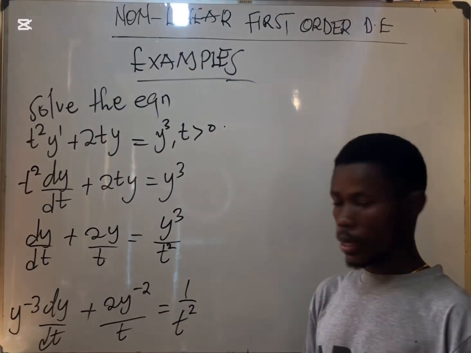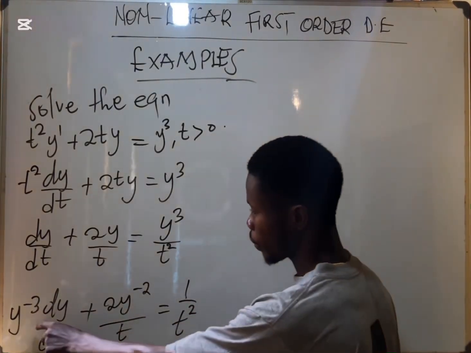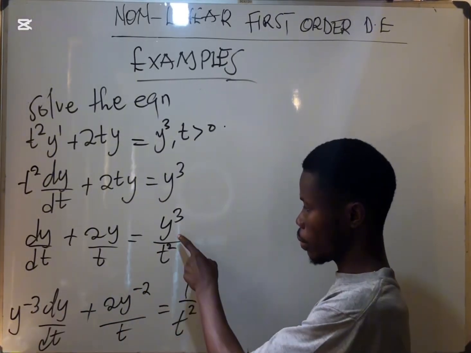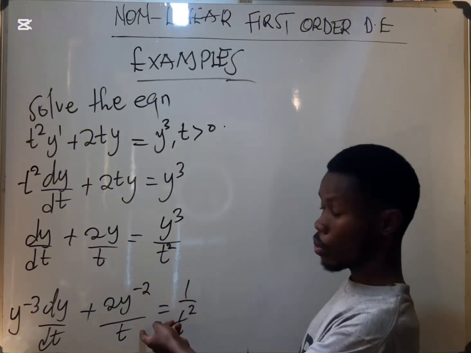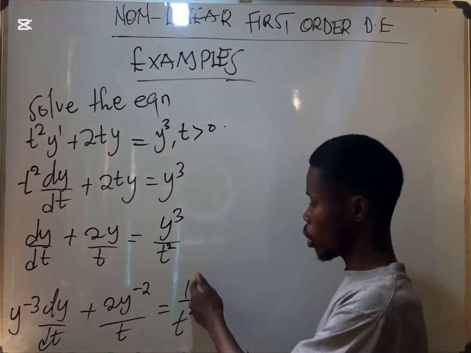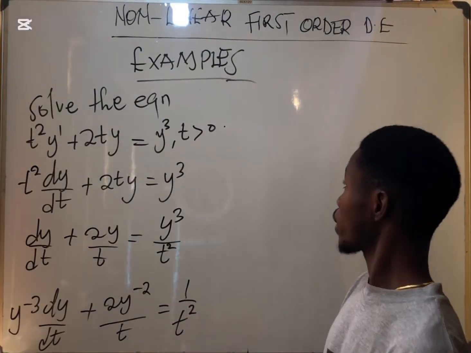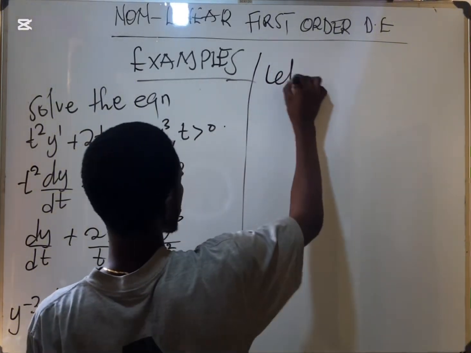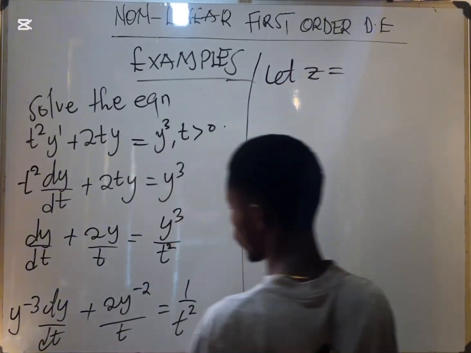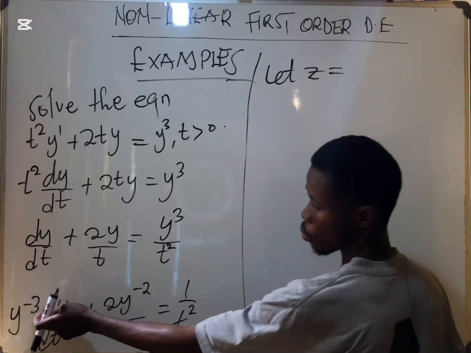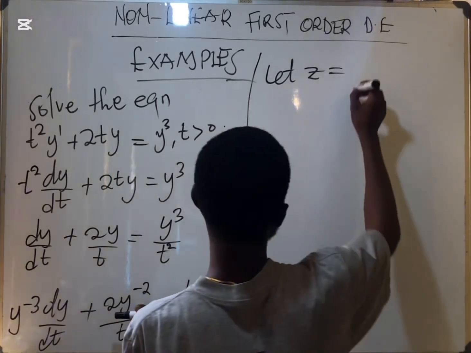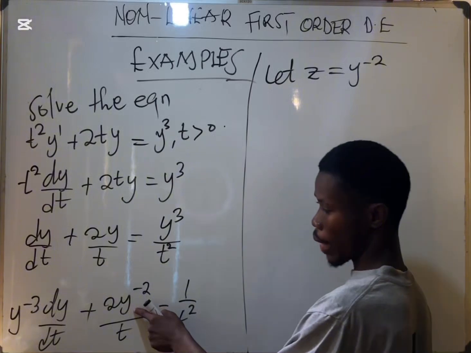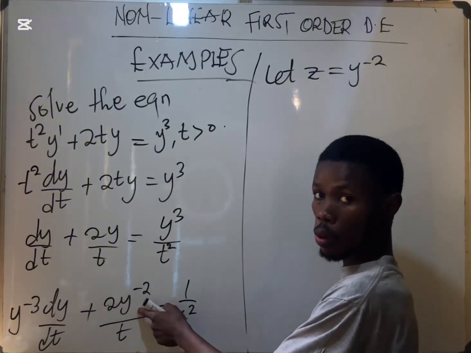Because if I divide, one of the y will cancel the cube, making y squared, but it will be down. Then after getting this, we let z be equal to the one here, only the y.